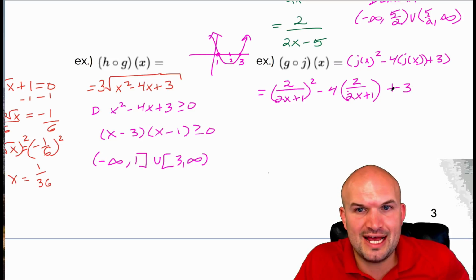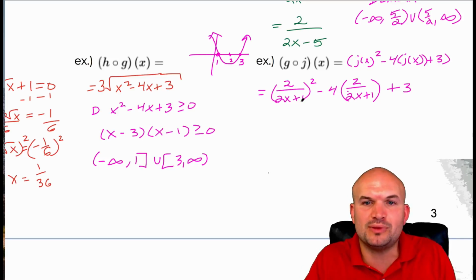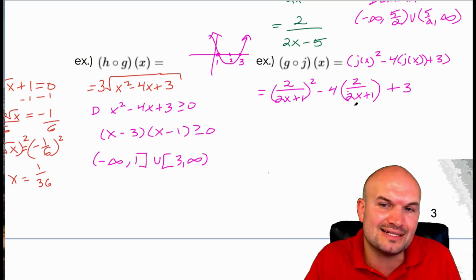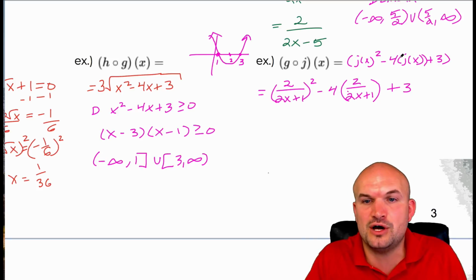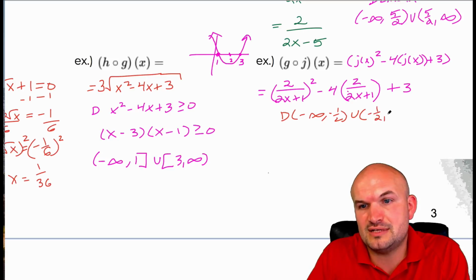The denominator cannot equal -1/2, and it doesn't matter if it's squared or not. So I'm going to stop right here and say the domain is the same as J of x: negative infinity to -1/2, union -1/2 to infinity.